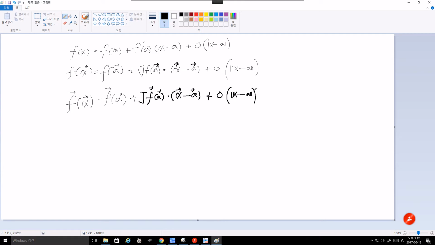Right? So they are all first order Taylor approximation.